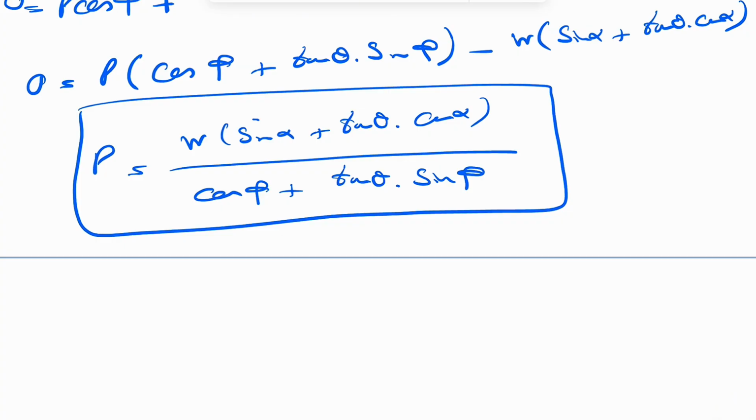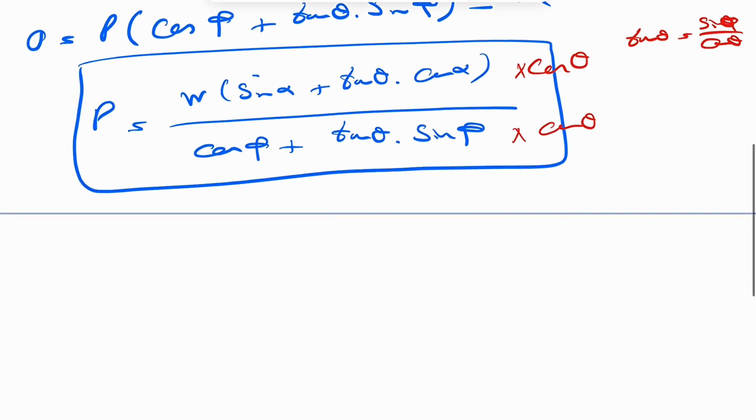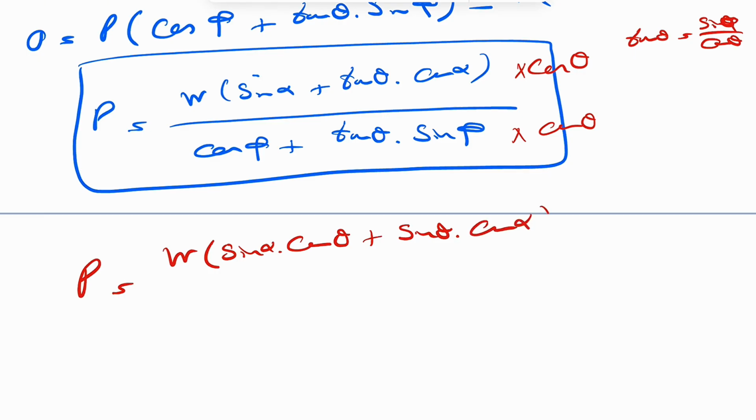What we're going to do is get rid of the tangent of theta, since tangent of theta is sine of theta over cosine of theta. If we multiply the numerator and denominator by cosine of theta, we're going to get close to that value. So we have sine of alpha cosine of theta, and in the second term, the cosine cancels out, so it's sine of theta cosine of alpha.